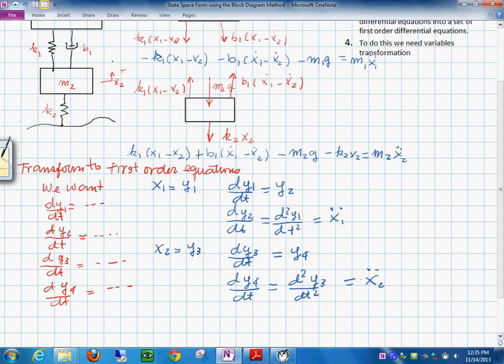So things look much more hopeful right now, because instead of having these two differential equations in second order, I am going to have 4 first order equations. So this one is basically in the form that we want.